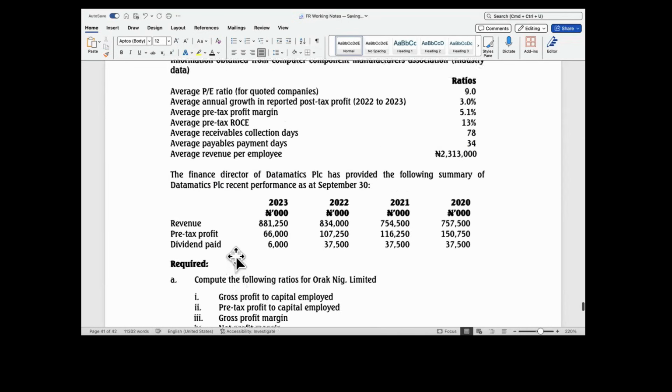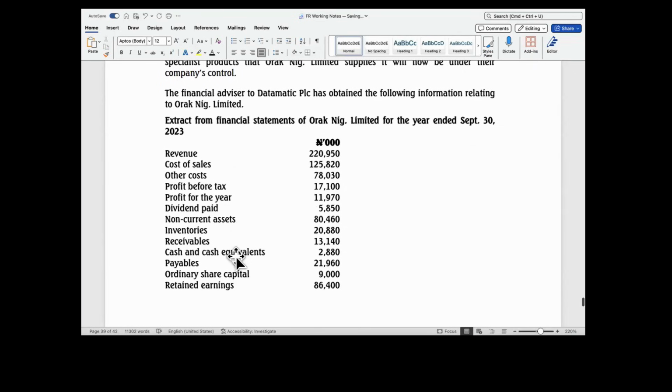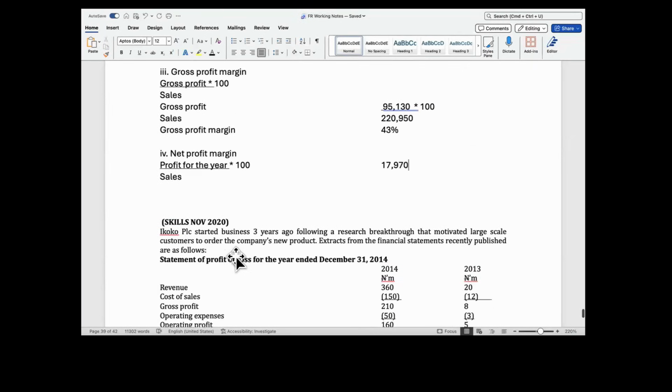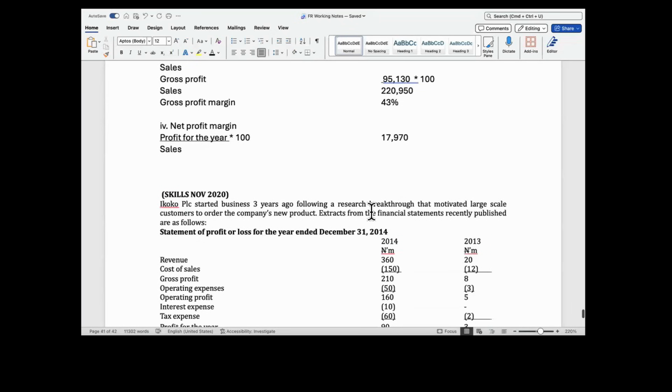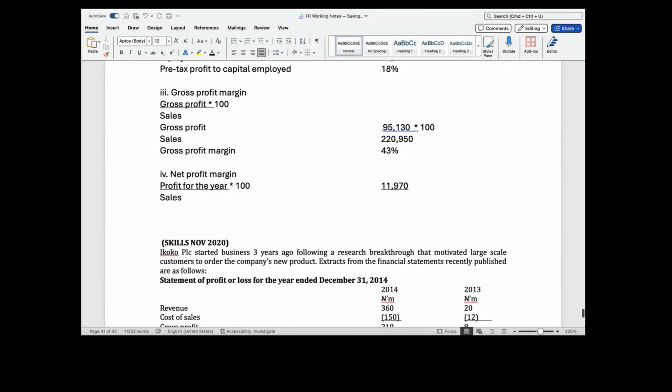Let me confirm. 11,970 divided by sales. What's my sales? 220,950, times 100.